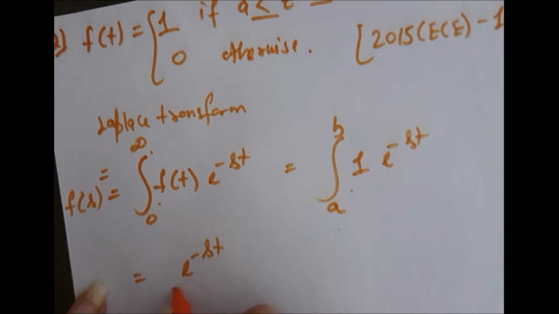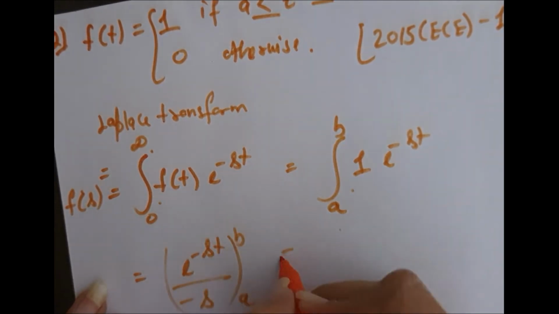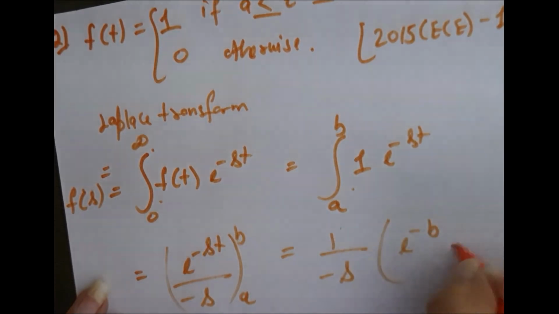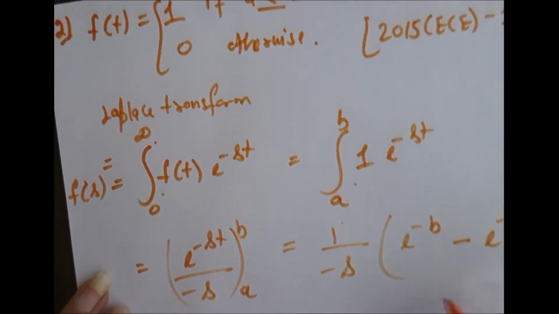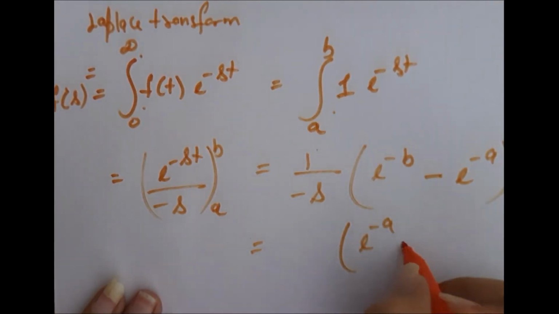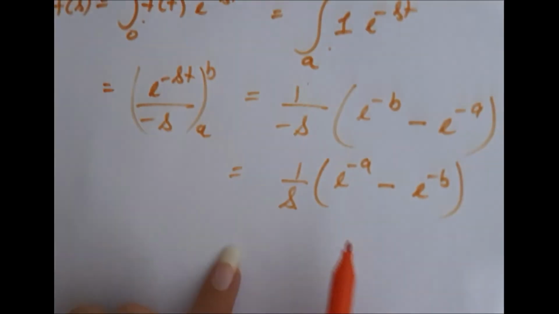Integrating gives exponential minus st over minus s from a to b, which is written as exponential minus a minus exponential minus b, times 1 by s. The Laplace transform of this function comes out to be this.